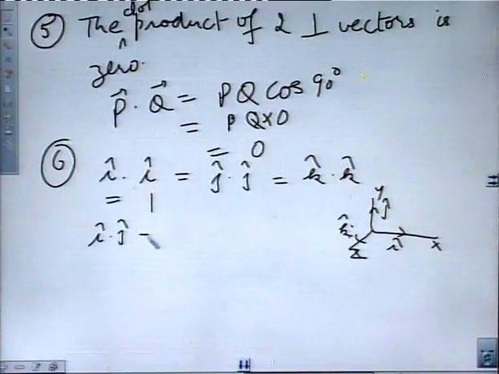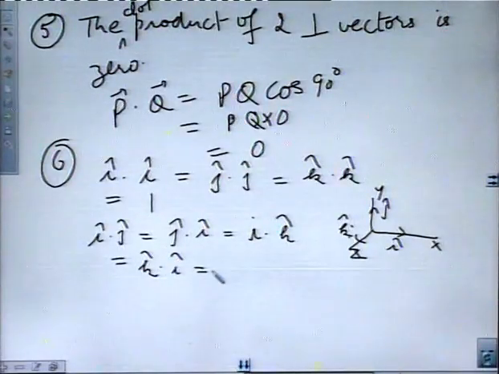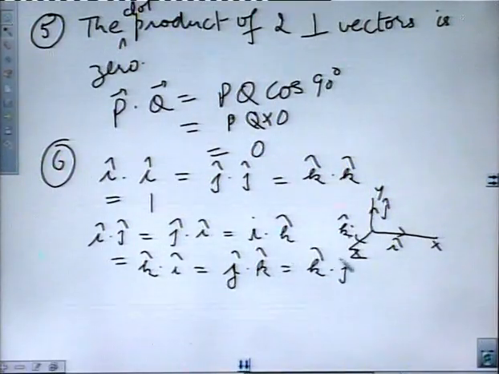I dot J is equal to J dot I is equal to I dot K is equal to K dot I is equal to J cap dot K cap is equal to K cap dot J cap. All these products are equal to 0.